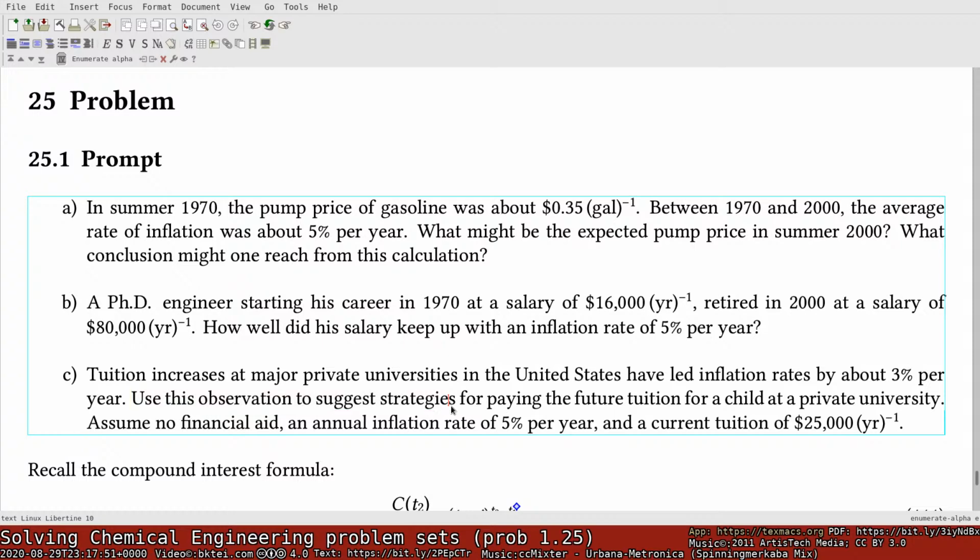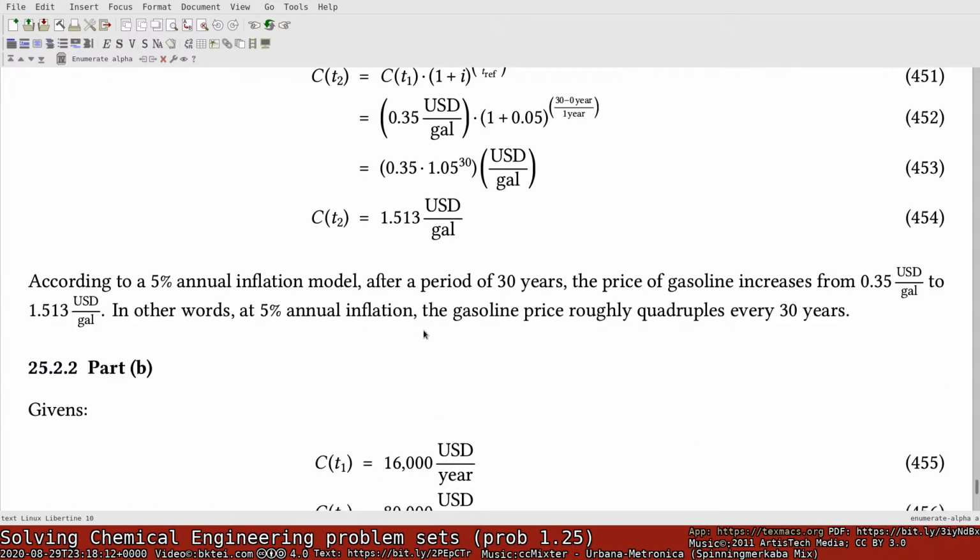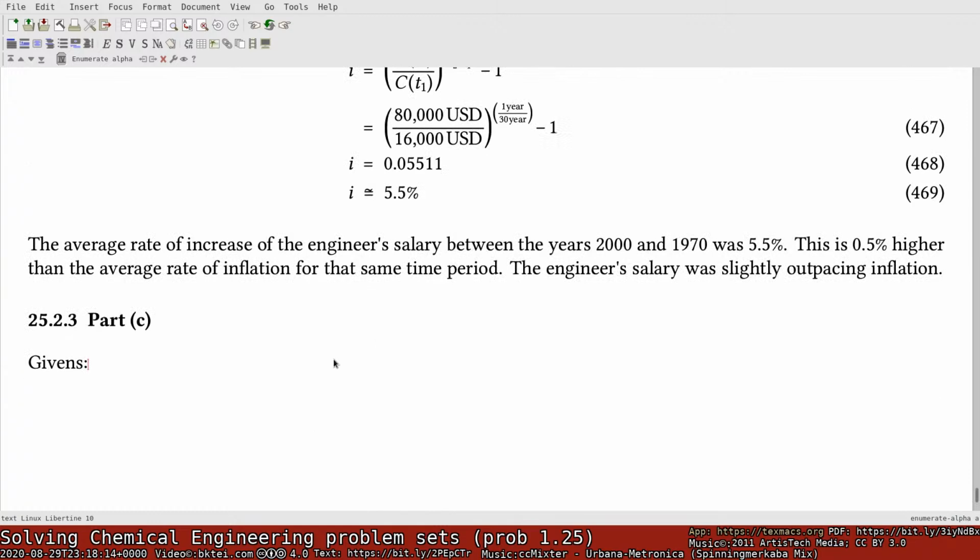Right. Well, let's see. Maybe we can. Well, we can at least define an equation for tuition increase. Have led inflation rates by about. So that's just an observation. Who knows what the future will hold? All right. Well, let's just do some assumptions. Tuition rate will increase.